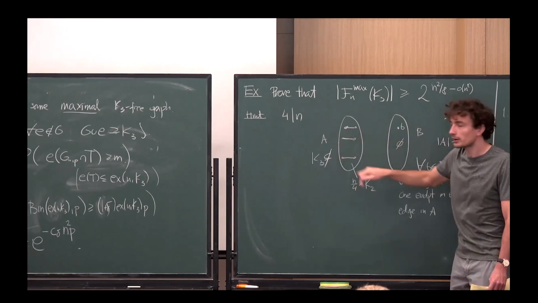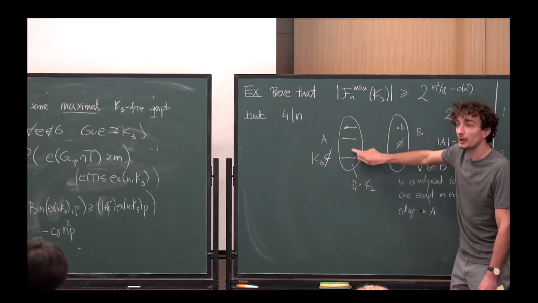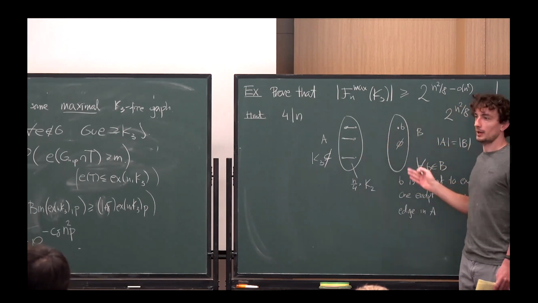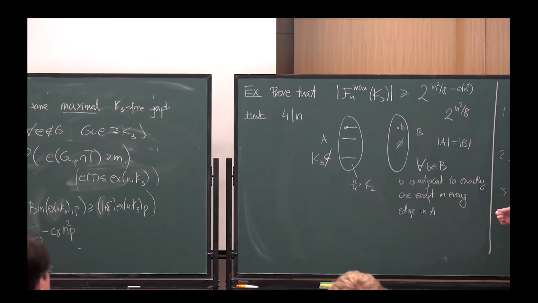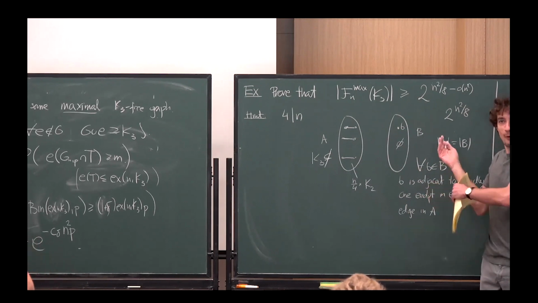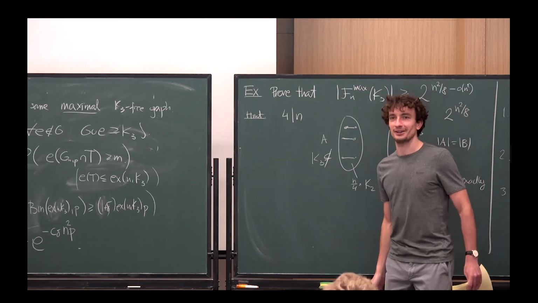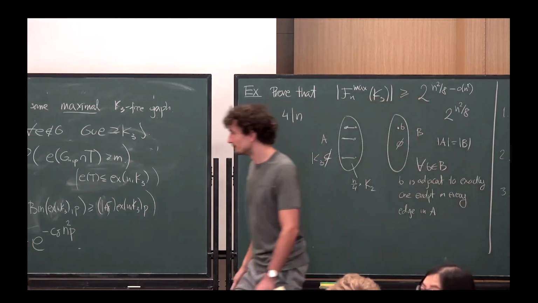But possibly you could add some edges in here or some edges in here, and the exercise is to prove that typically you won't be able to do it. And if you want to learn more about maximal triangle free graphs, then we have an expert there in the audience.